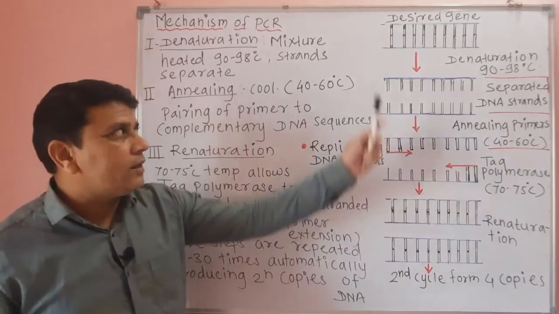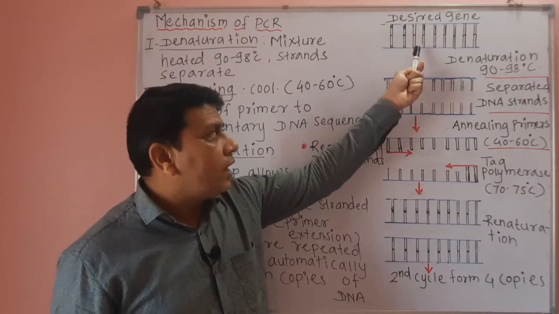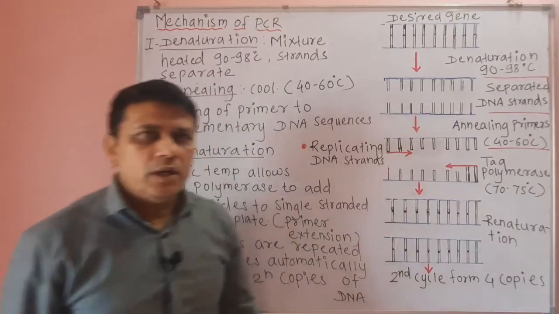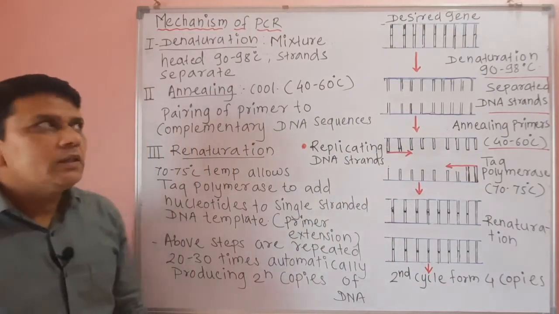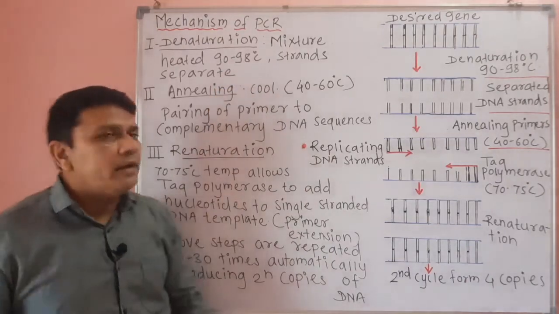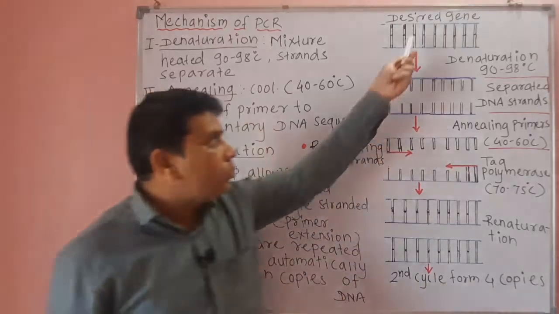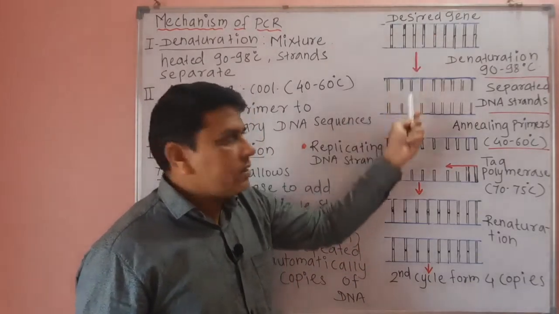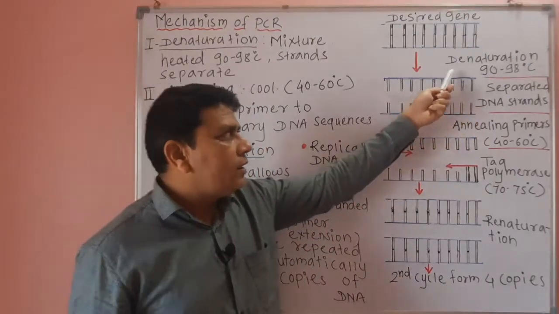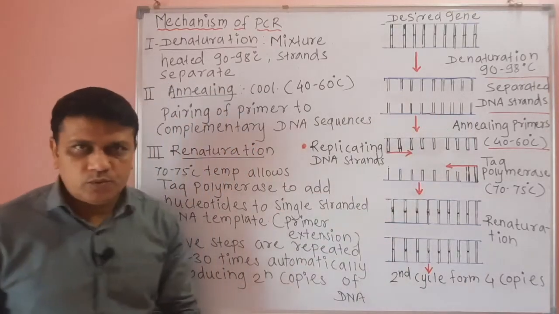Now we have seen that the desired gene was selected and this desired gene undergoes the step, that is denaturation. Now denaturation means the mixture is heated in between 90 to 98 degrees Celsius. So due to the heat, the two DNA strands get separated. Here we can see that after denaturation, two separated strands are produced.